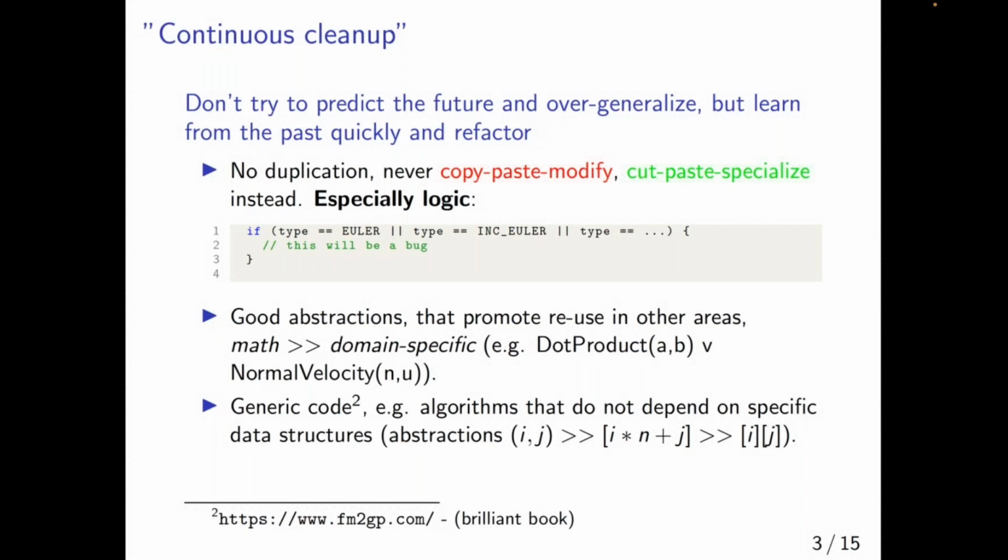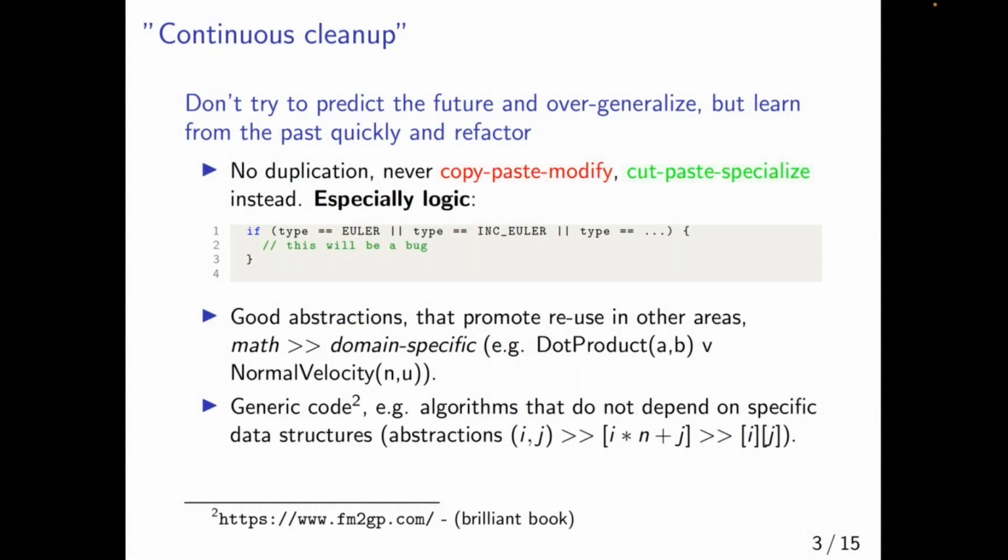Then we also try to promote good abstractions, or abstractions that are inherently reusable in other areas. So for example, math is better than domain-specific things. Dot product is a better abstraction than normal velocity.